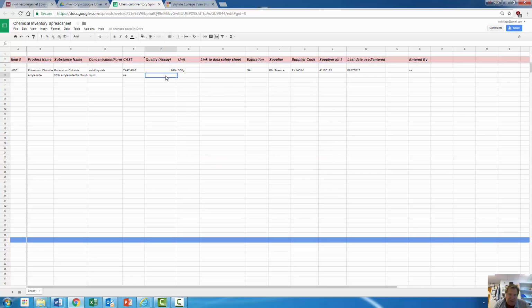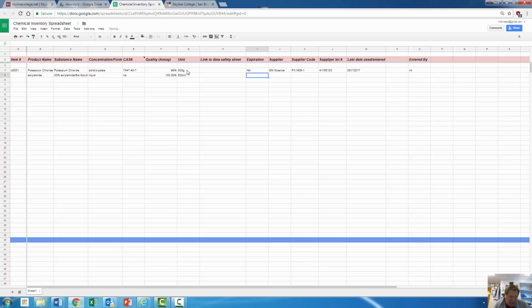And so it is a solution that has these different 100%. So it's good quality. Packaging is, so actually this should be 500 mils.